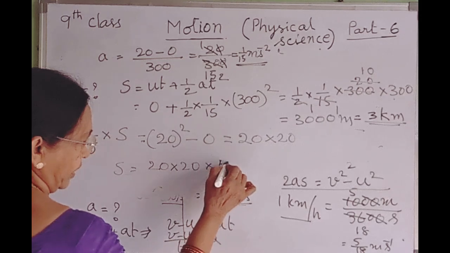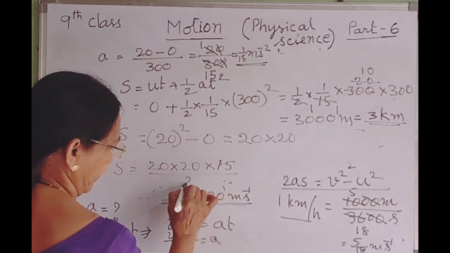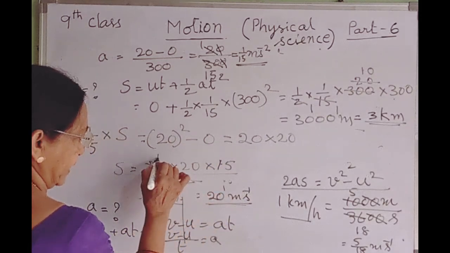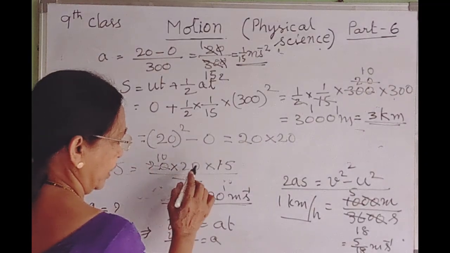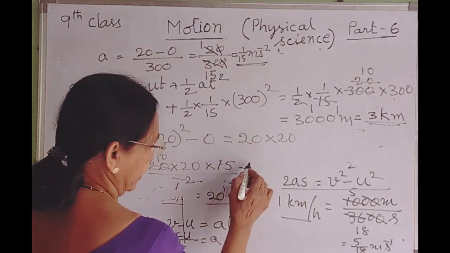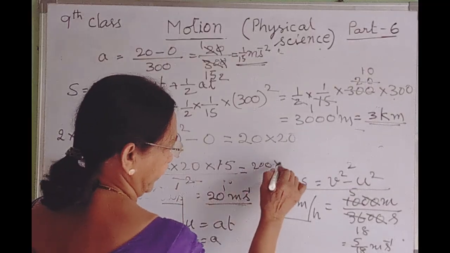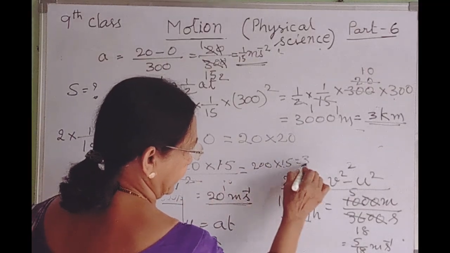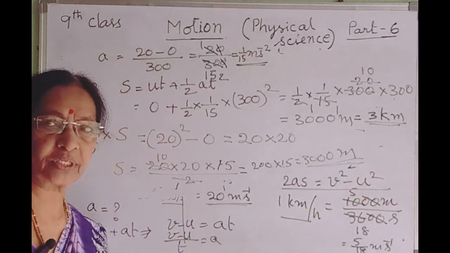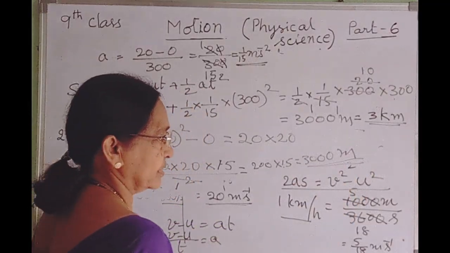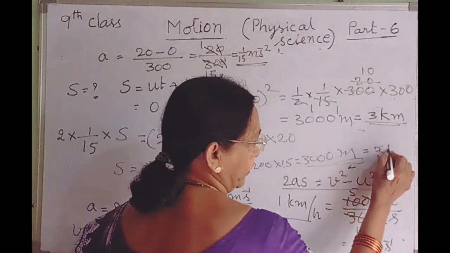So 2 ones, 2 tens. So this is 20 into 10, 200. 200 into 15 is equal to 3000, so many meters. 3000 meters is equal to 3 kilometers.